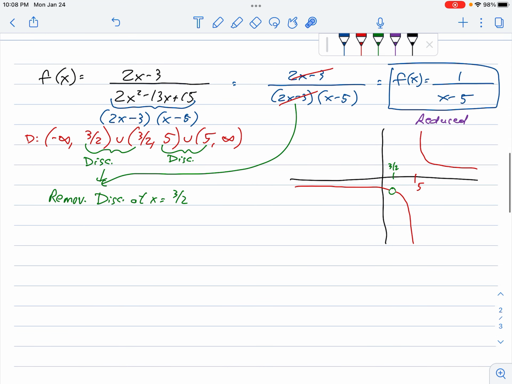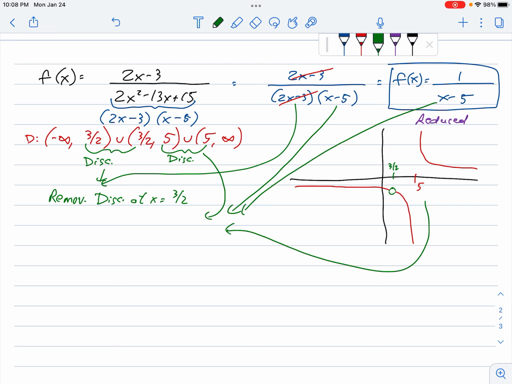So now we get over here and we say, okay, I skipped the value 5. I wasn't able to make it go away. It stayed. And my graph totally skips that value forever. That's called an infinite discontinuity at x equals 5.